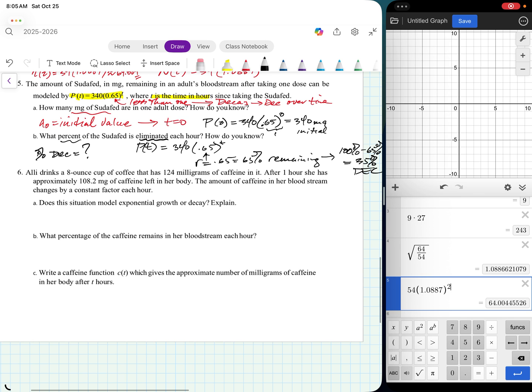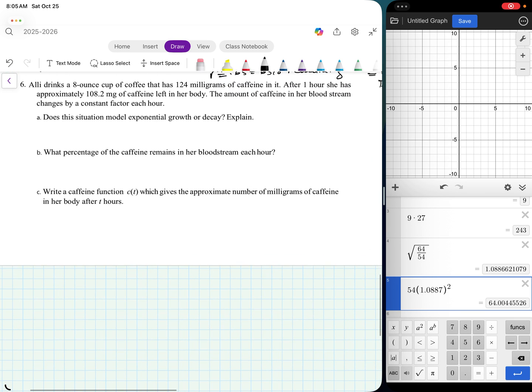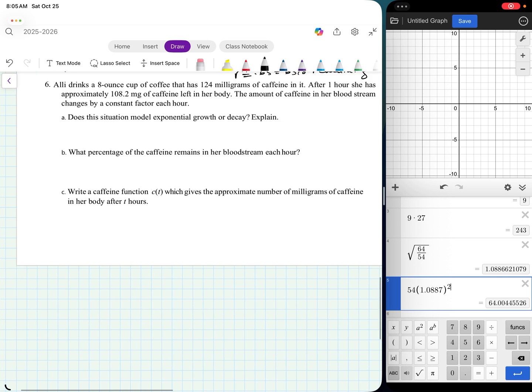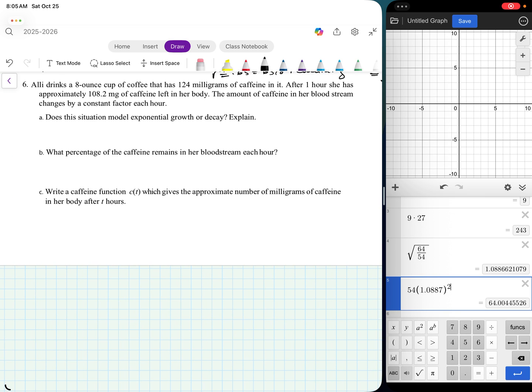All right, and that's it. Number 6, last one. Allie drinks an 8-ounce cup of coffee that has 124 milligrams of caffeine in it. Guess what? That's your initial value. One hour later, she has approximately 108.2 milligrams of caffeine left in her body. The amount of caffeine in her bloodstream changes by a constant factor each hour.